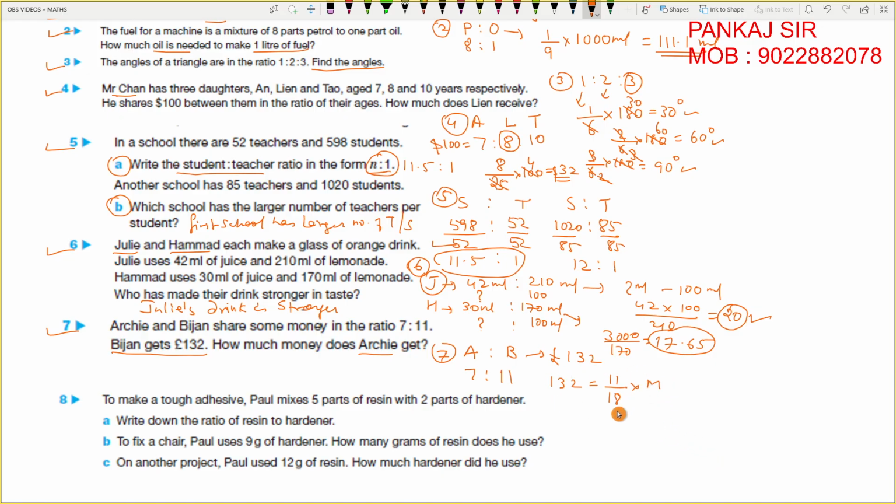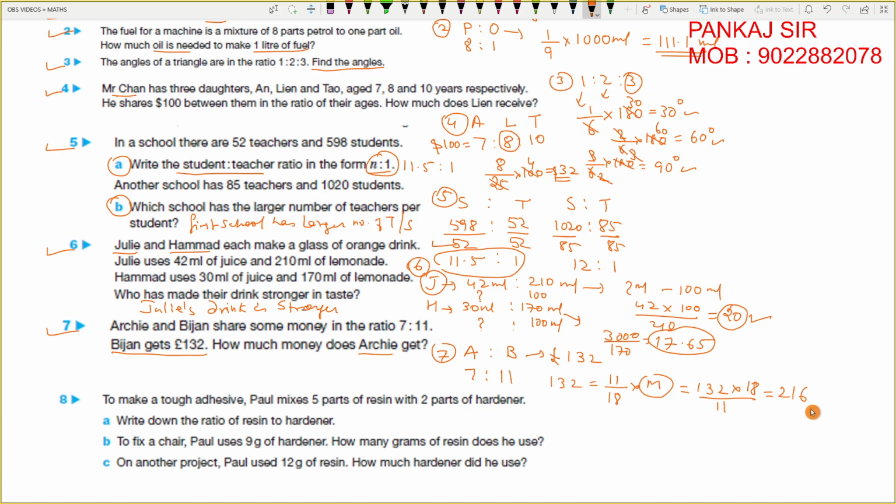From this equation you can calculate m, and you get m equal to 132 times 18 over 11. If you work this out, you get m as 216.